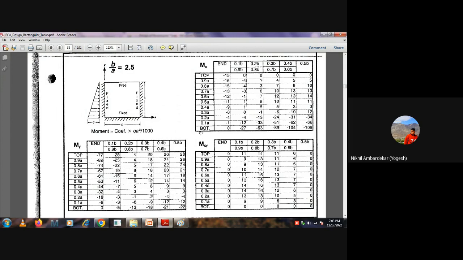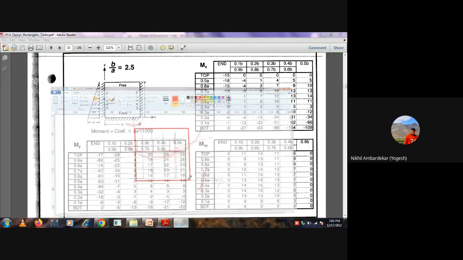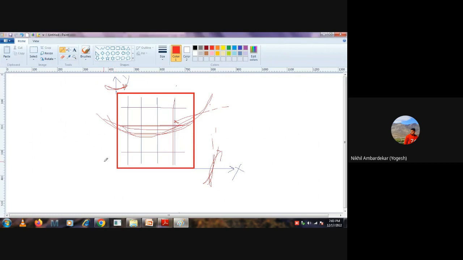This means I can find moment x anywhere from top to bottom at any distance. Suppose I want to find the moment at point A. If I go to my figure from the bottom, point 1A means what is the dimension? Our height is 5 meter, so 5 into point A.